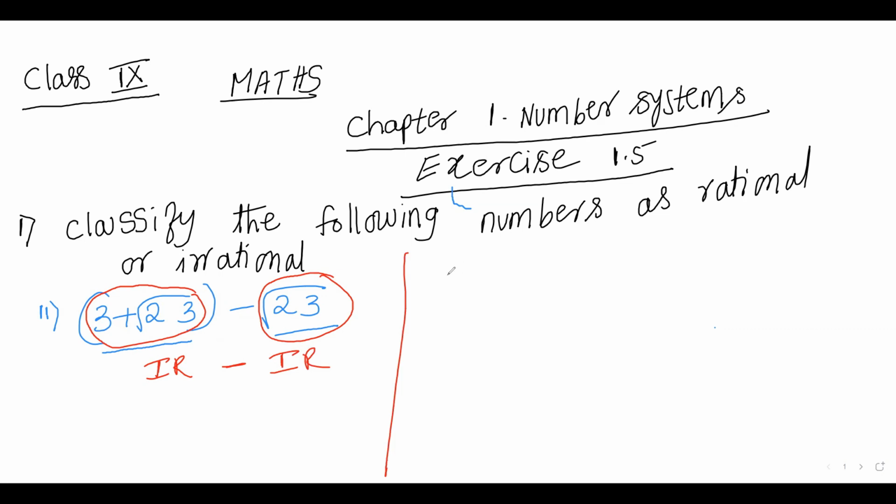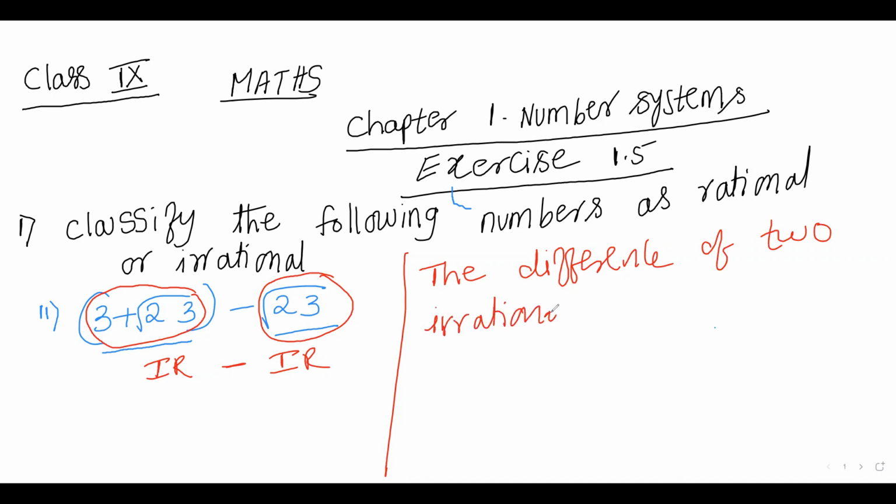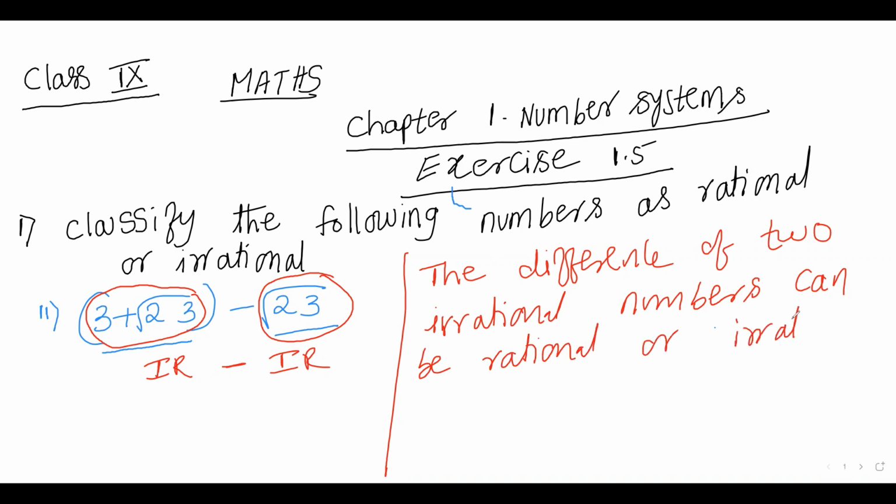So we know that the difference of two irrational numbers can be rational or irrational. So when you subtract two irrational numbers, you may get rational or you may get irrational.